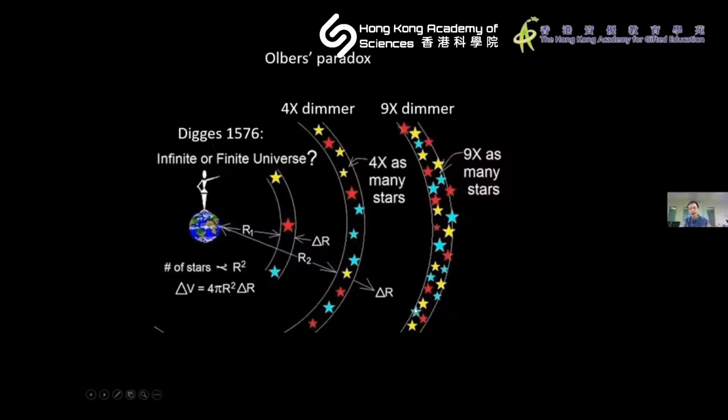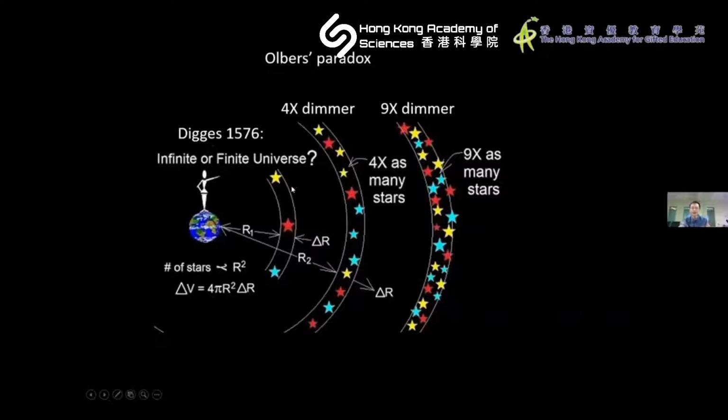Do they appear to be as bright as each other, or is the closer shell brighter than the farther away shell? If we just think very quickly, we might naively think that the closer shells of the stars are overall brighter compared to the farther away shells.